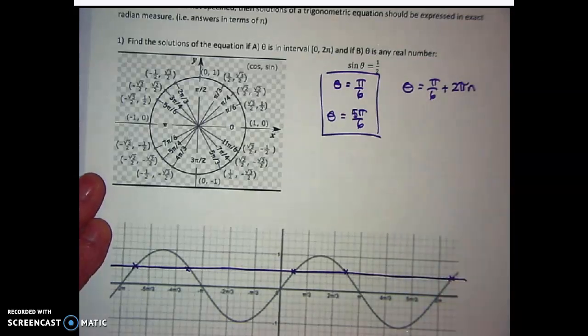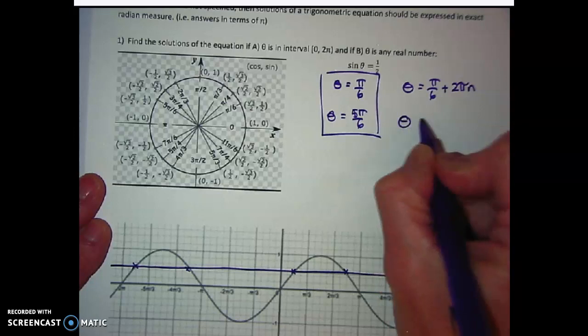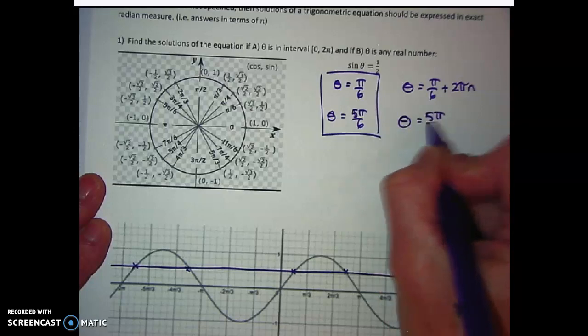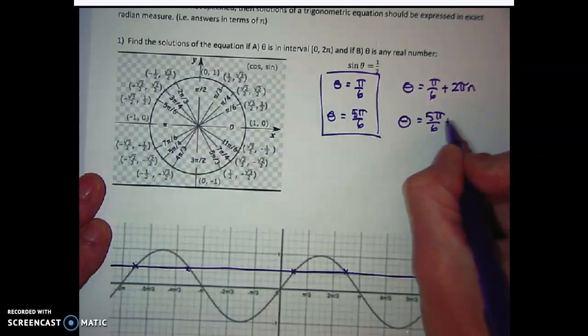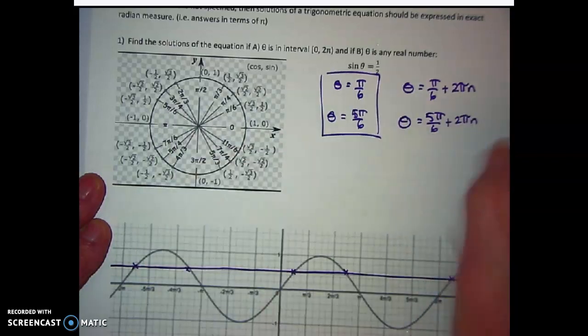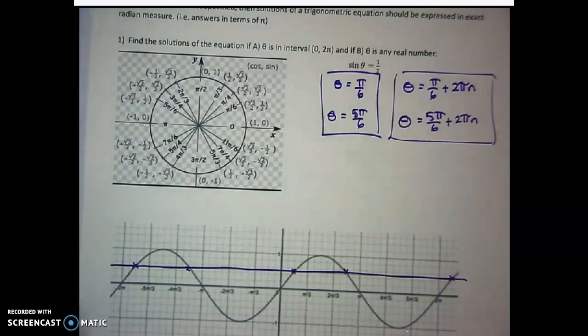So we can plug any whole number in for that n, and we simplify that, we're going to get another place that the sine is 1/2. Similarly, we can say 5 pi over 6, because 5 pi over 6 is here, we still have to go around 2 pi to get there again. So this is going to answer part B. This is when theta can be any real number.